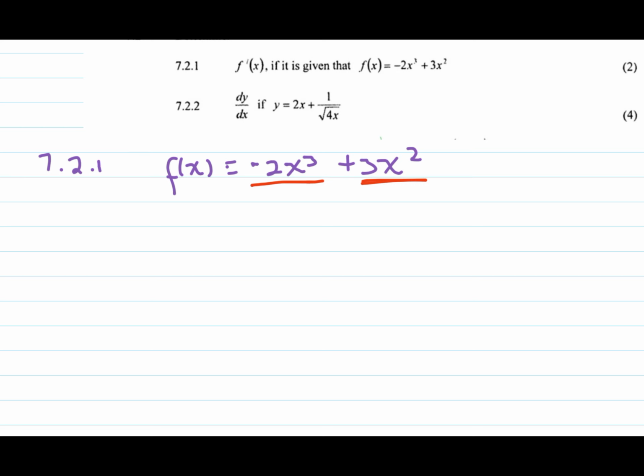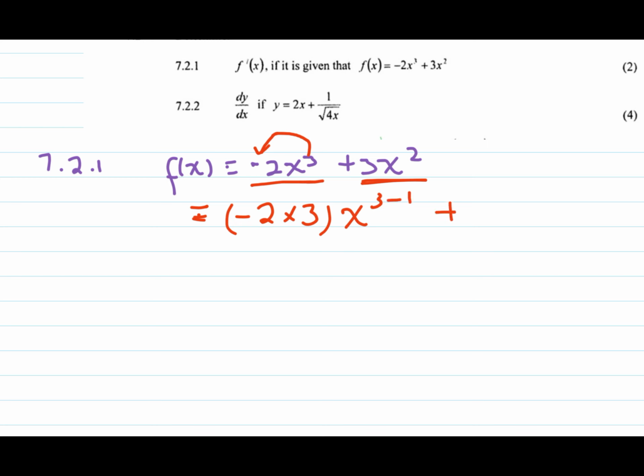So the easiest way to do this would be to say negative 2 multiplied there by 3. So we're going to have negative 2 times 3, let's put in bracket, then we have x to the power n minus 1. So that is 3 minus 1.